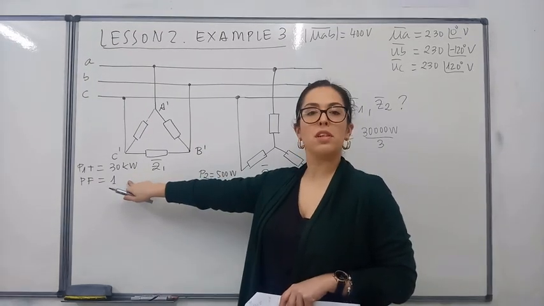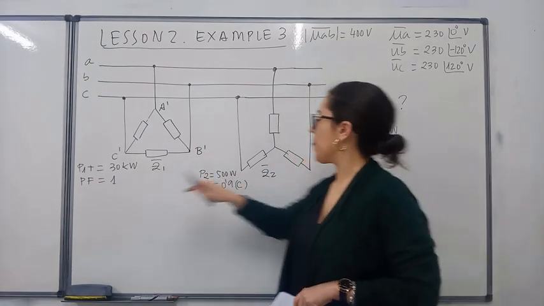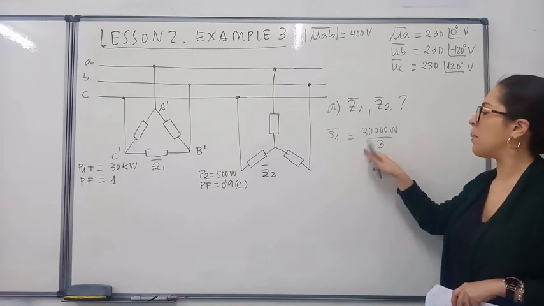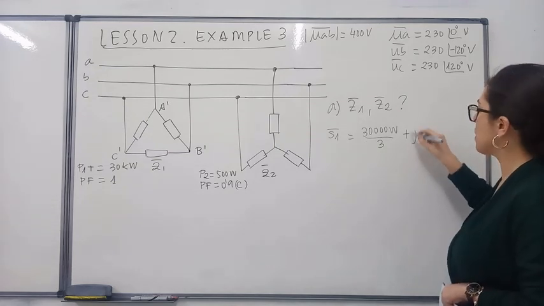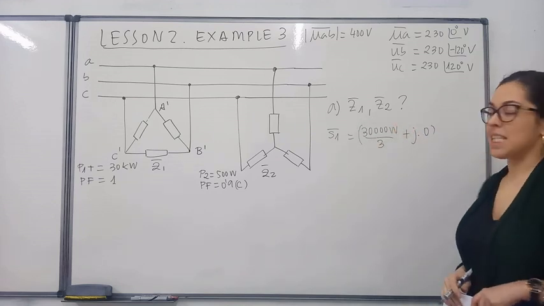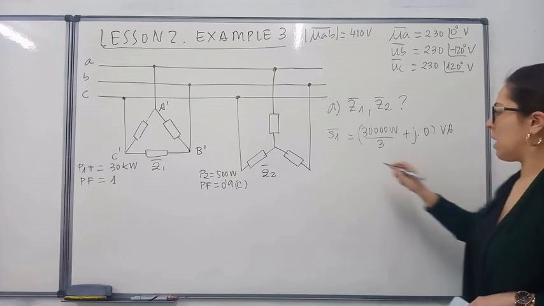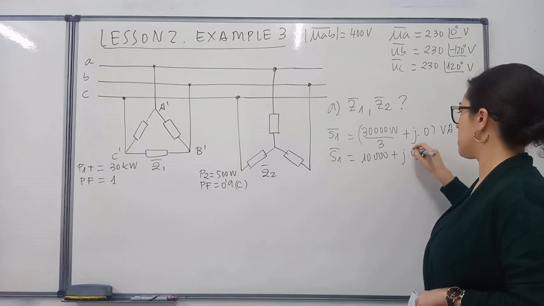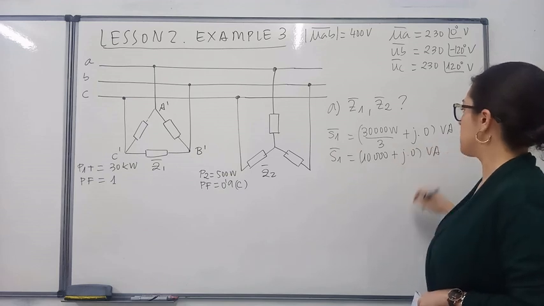As the power factor is 1, we don't have a reactive component in the apparent power. So the reactive component is 0. So this is the complex power in voltamps: 10000 plus 0 j voltamps.